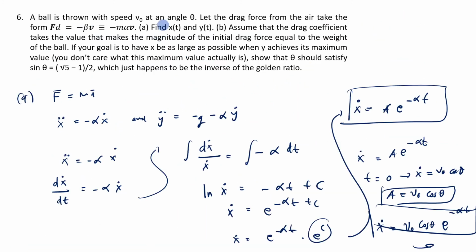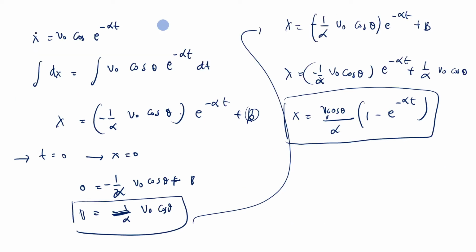Okay, let's move to question B, with the assumption that the drag coefficient takes the value that makes the magnitude of the initial drag force equal to the weight of the ball. Okay, we can start with the equation m alpha V0 equals mg. This is the equation of the acceleration.